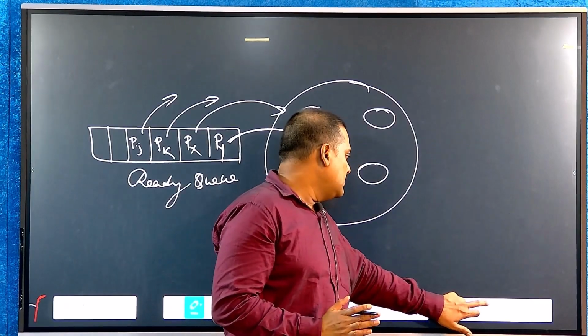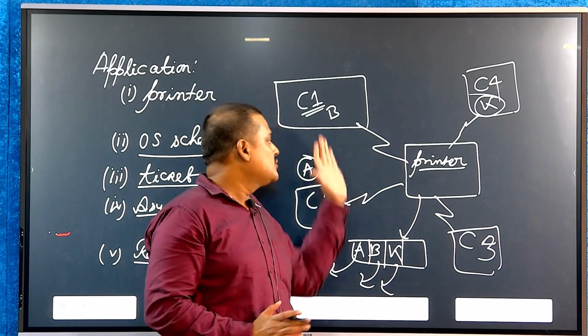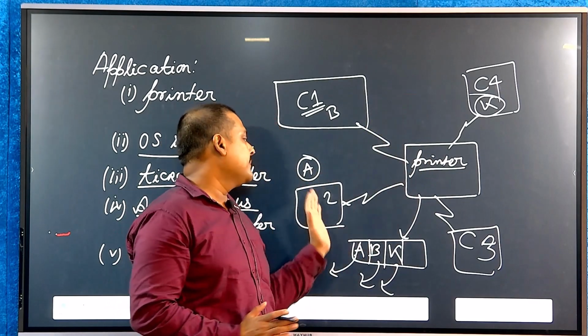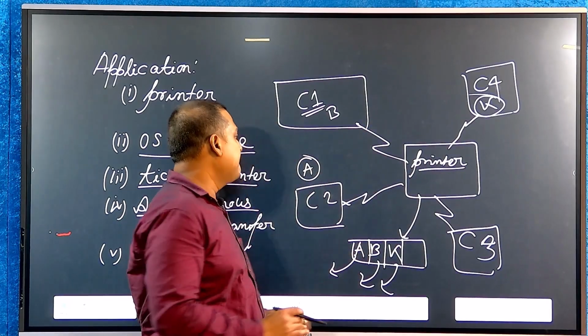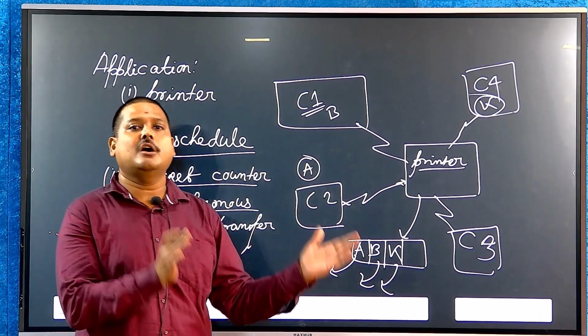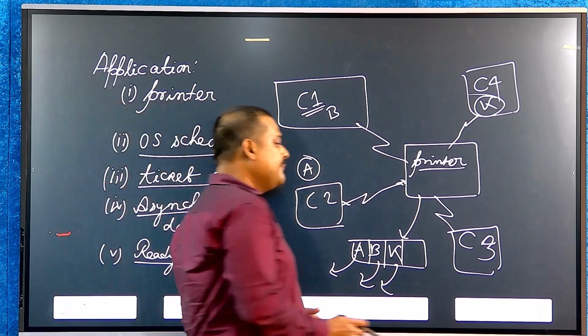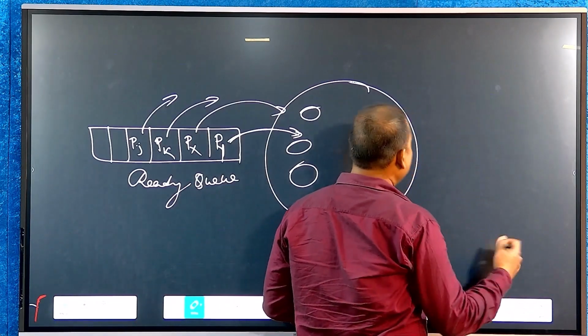The same thing happens in our printer, whenever we try to print a job. Different people send their printing jobs to the printer, and the jobs are printed in the same order in which they arrived.